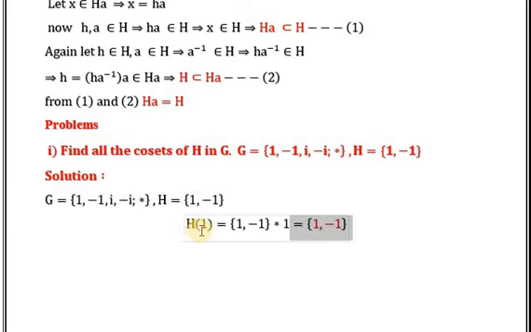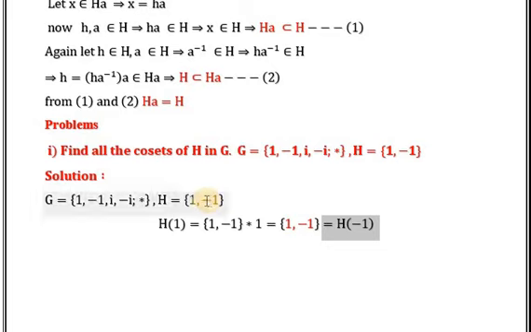Now H1 is equal to {1, minus 1}. Let us operate with the first element 1 of the group. So 1 into 1 is 1, and 1 into minus 1 is minus 1. So the coset H1 is {1, minus 1}. Then let us find out the coset H of minus 1.